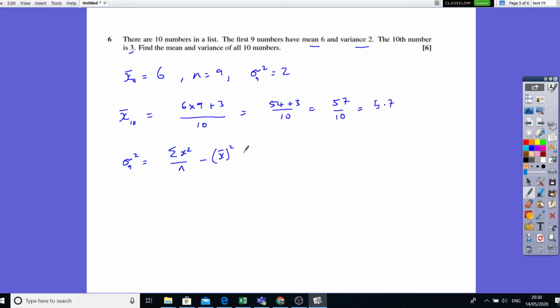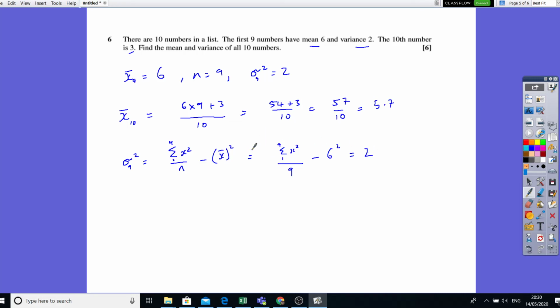In this case, I know that this is 1 to 9. So the sum from 1 to 9 of x squared divided by 9, because there are 9 numbers there, minus the mean for the 9 numbers, which was 6, so that's 6 squared. That's going to equal the variance, which is 2.